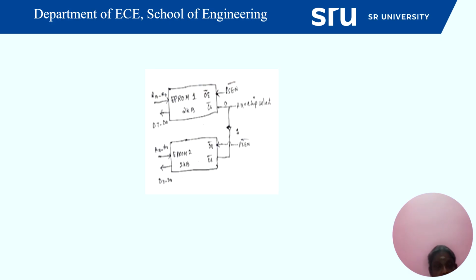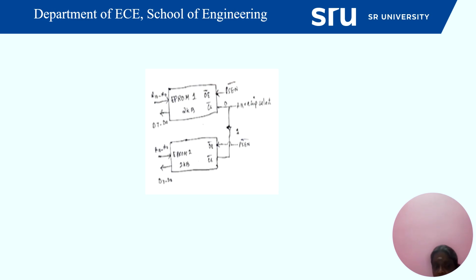See, first the ROM, EEPROM 1 and 2, each having 2 kilobyte capacity. OE bar we definitely need for the ROM, and chip select is also needed. So OE bar is connected from the PSEN bar of the 8051, and CS bar equals 0.